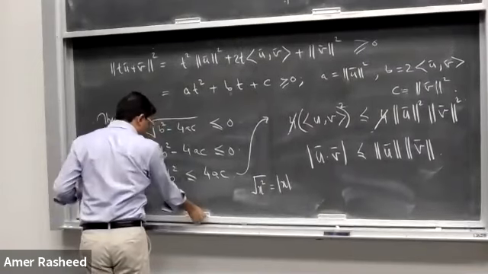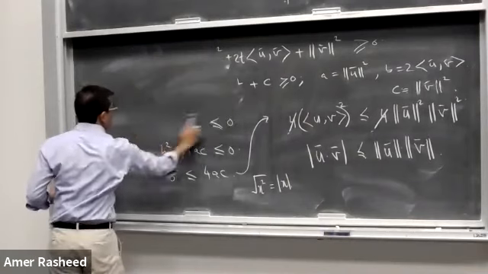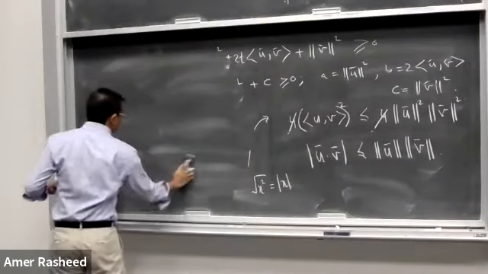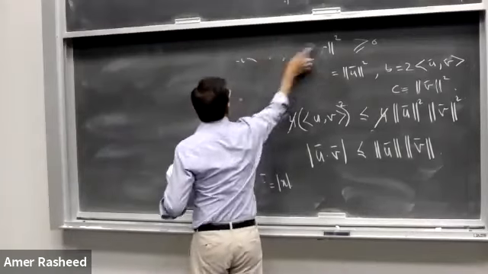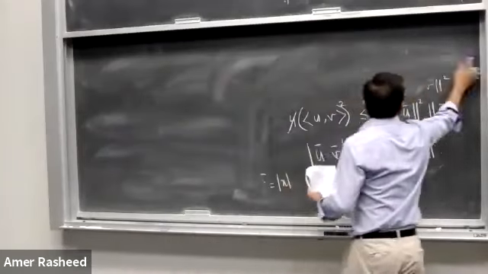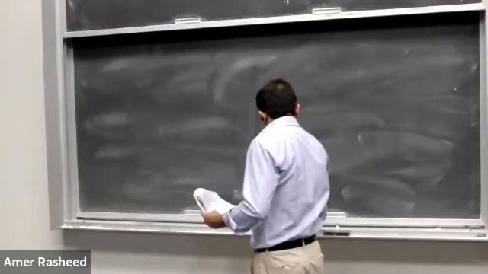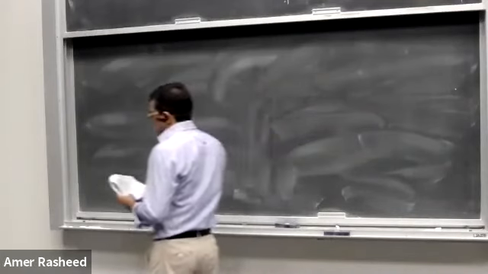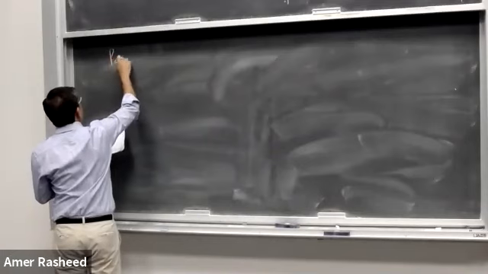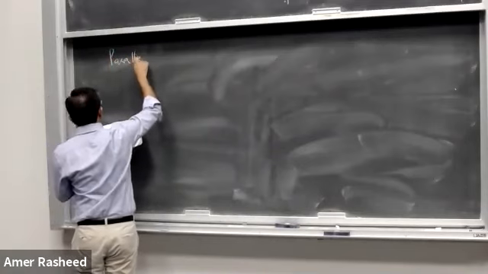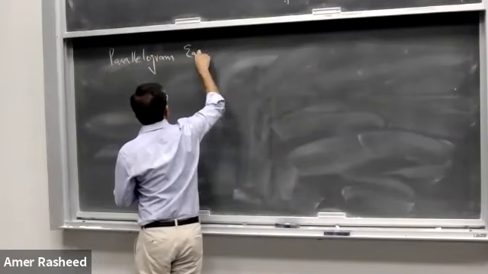Let me tell you a couple of more properties, and then we'll finish this topic of inner product, and we'll move towards the spanning of a set. There is another equation which is called parallelogram equation.